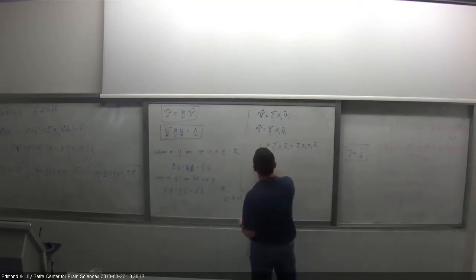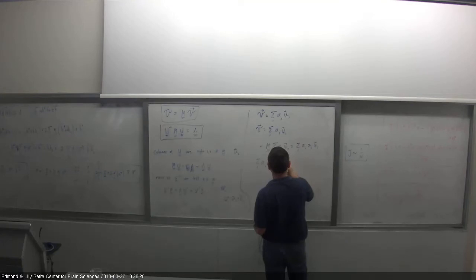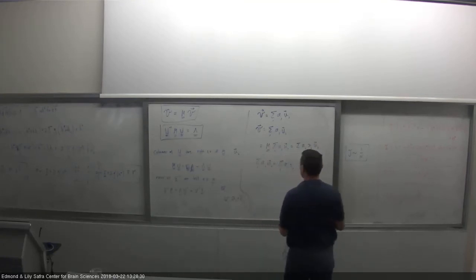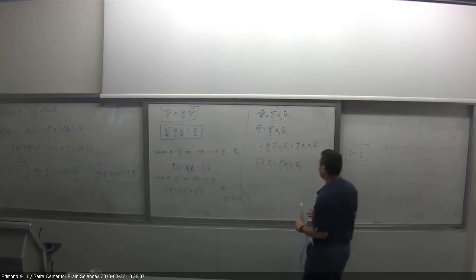So we know that sum over j of aj dot uj is equal to sum over j aj lambda j uj.